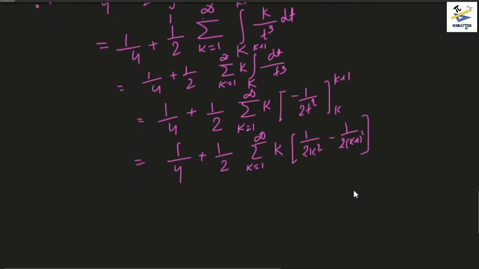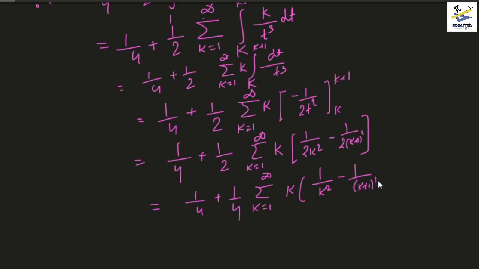Okay, so what you do get is 1 by 4 plus 1 by 4 summation k equals 1 to infinity of k, not like this actually, so it would rather be k into 1 by k square minus 1 by k plus 1 whole square.